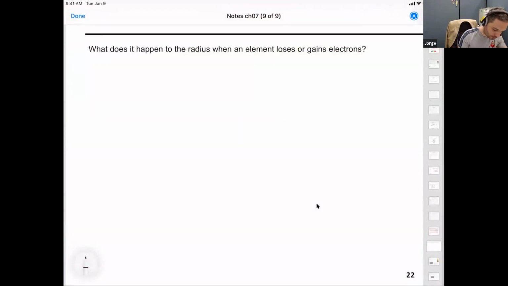Okay, so let's first analyze when an element loses electrons. Let's suppose here we have the nucleus, and as just an example, we have two shells, and let's say we have two electrons in the last shell, and that's what matters for us.